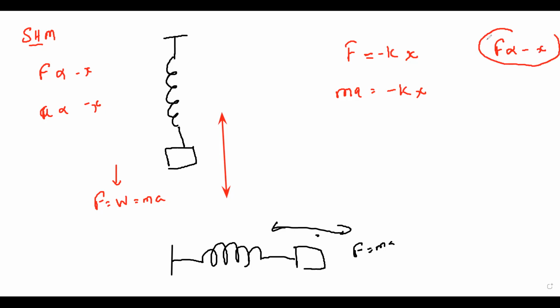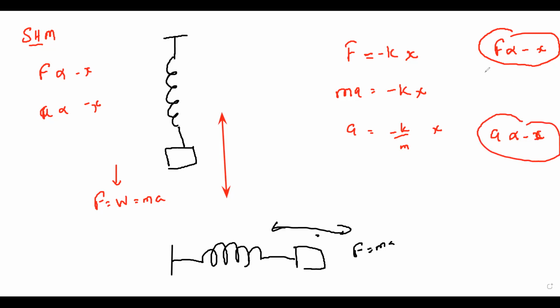So F is proportional to minus x. Or when we write F is equal to ma, a is equal to minus k divided by m into x, where k is the spring constant and m is the mass of the object, which is also constant. So again we replace it by the proportionality sign: a is proportional to minus x.